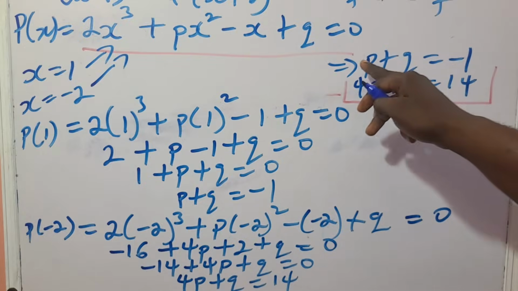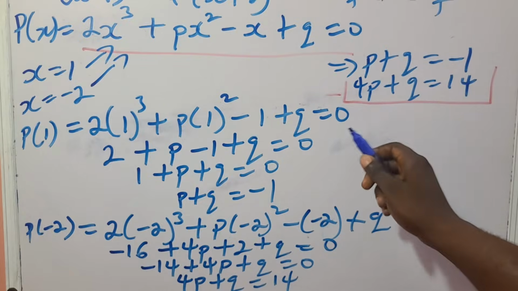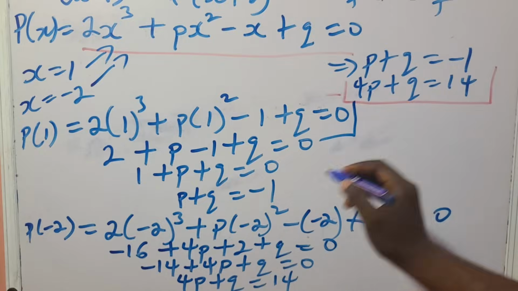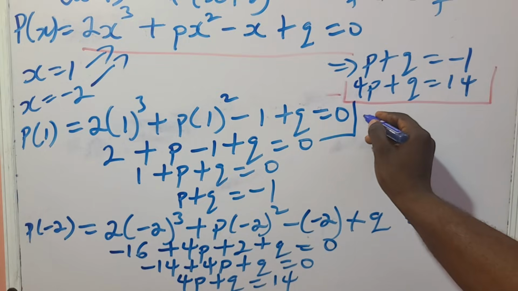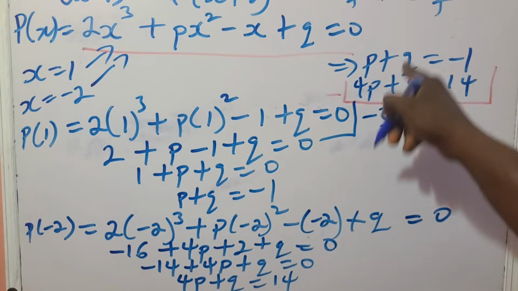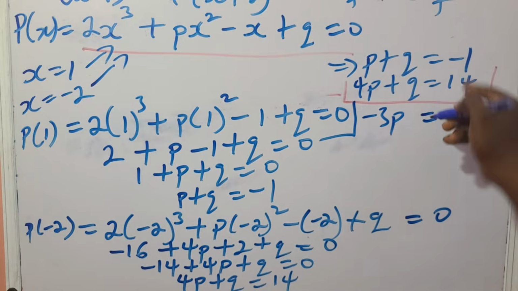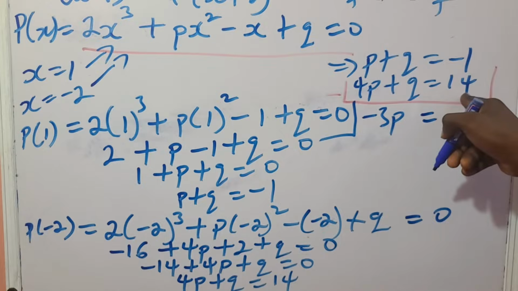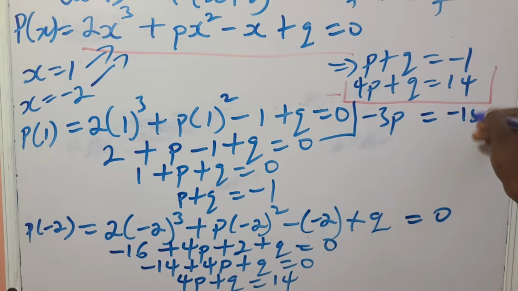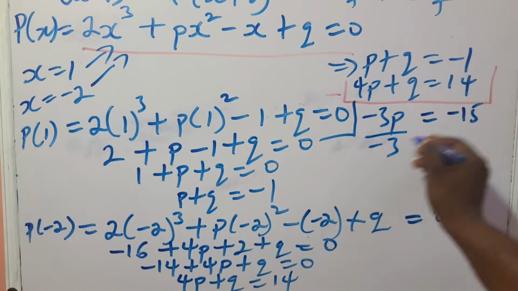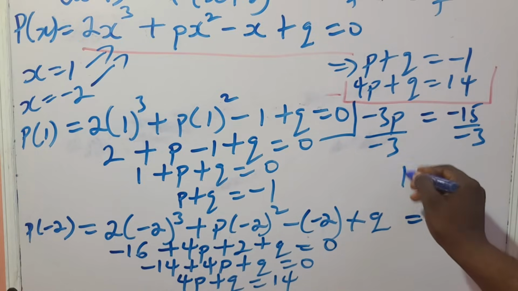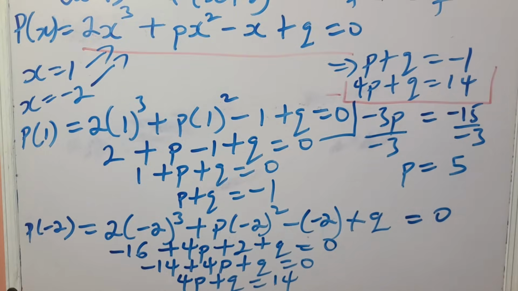That will give me minus 3p. q minus q goes away, that will turn to 0. Then I have this other side, minus 1 minus 14. That will give me minus 15. So obviously, I divide both sides by minus 3. And I have p equals 5.